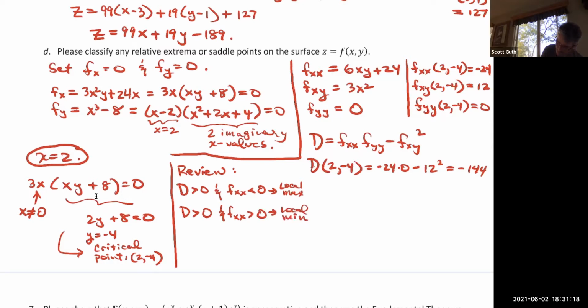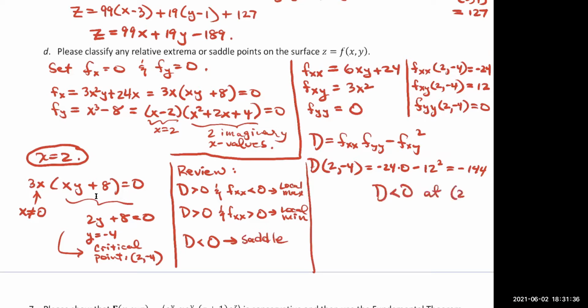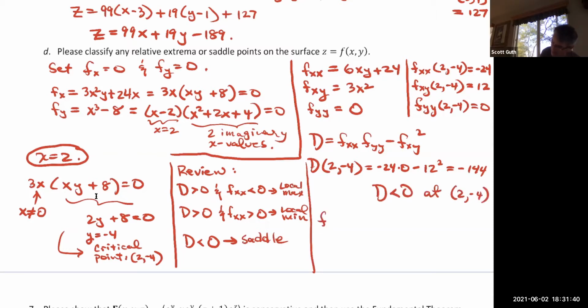And finally, if D is negative, that's a saddle. And so from that, we see because D is negative at this point (2, -4), f has a saddle.